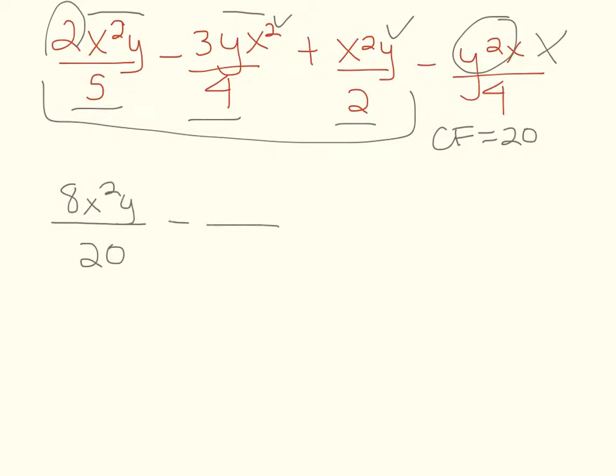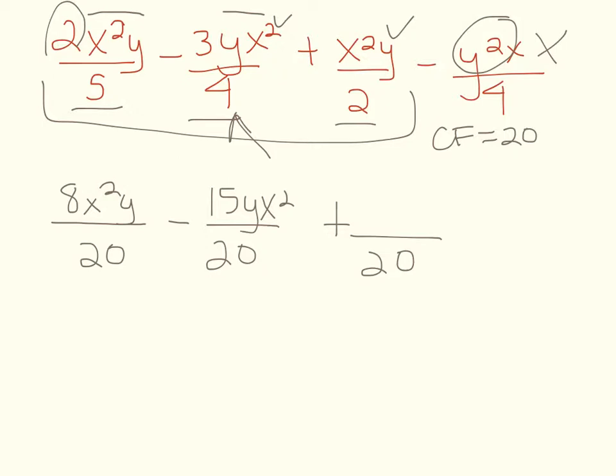Now we've got a 4 in our second term, so we're multiplying that this time by 5 to get that denominator of 20. Again, we'll multiply our numerator by 5 as well to give us 15, and we still have that yx squared. In our third term the denominator is 2, so we're going to multiply that by 10 to get 20 as our denominator, and we multiply our numerator as well.